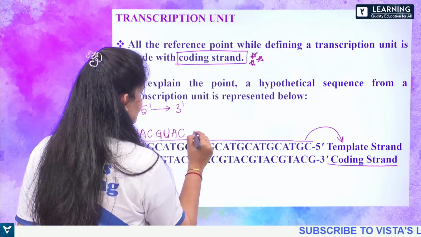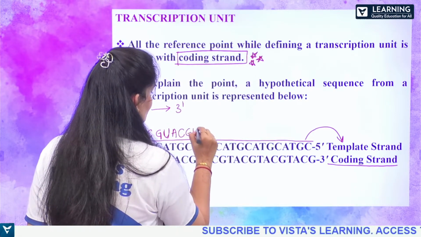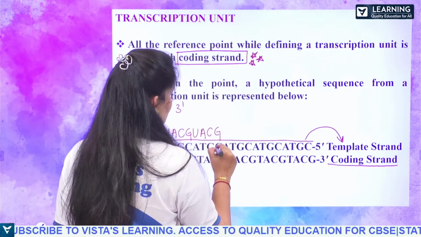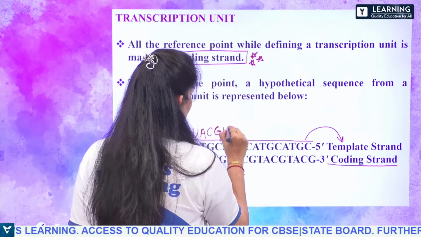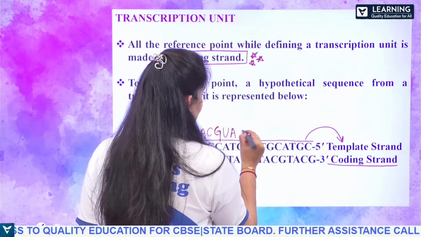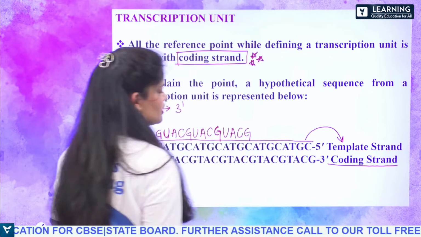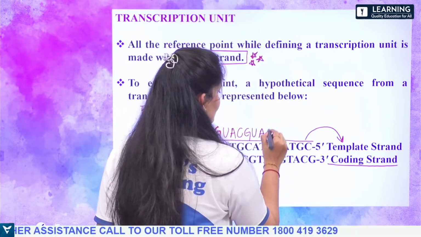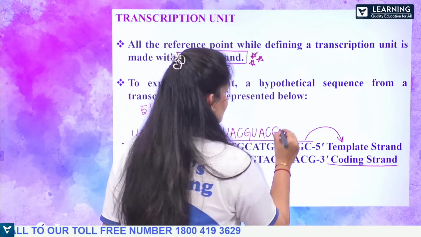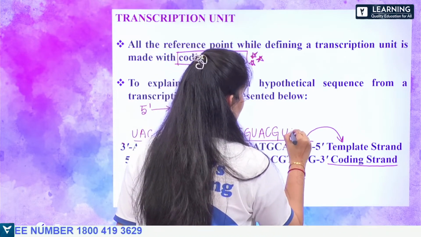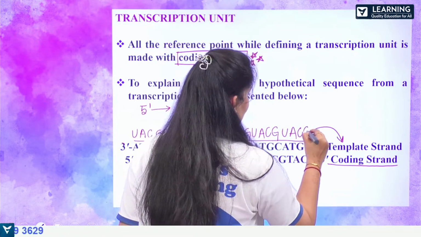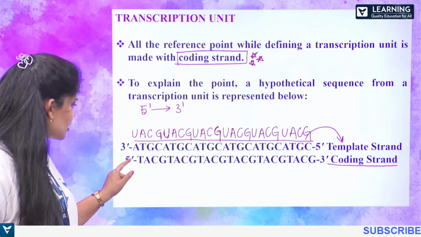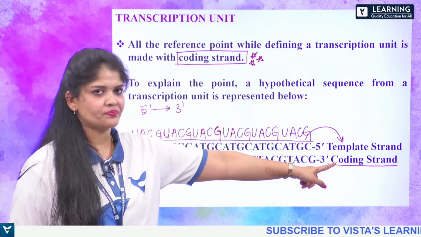And A, C, G, U, A, C, G, U, A, C, G, right? U, A, C, G, C, G. See, if you look at the sequence, this is similar to the sequence of the coding strand.